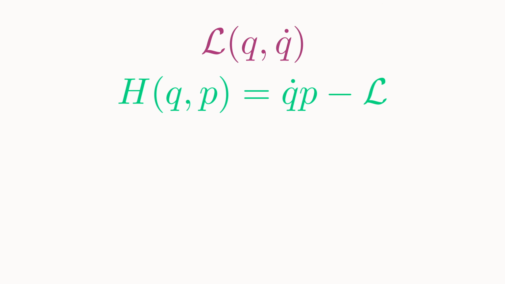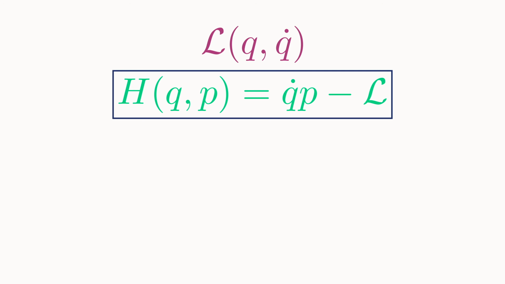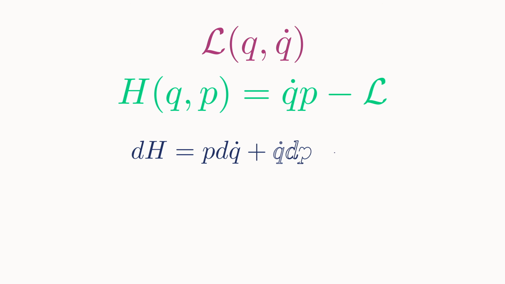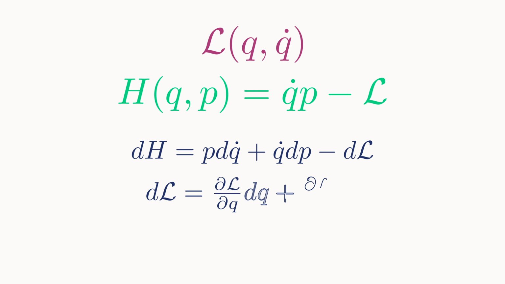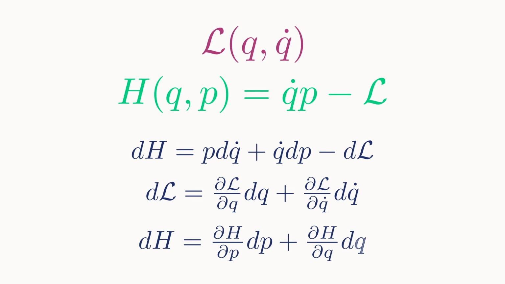Going back to the more general case, we can use this expression to write down the differential of H. But L is a function of q and q dot, so dL should equal the following. And since H is really just a function of q and p, its differential can be similarly expressed as follows.